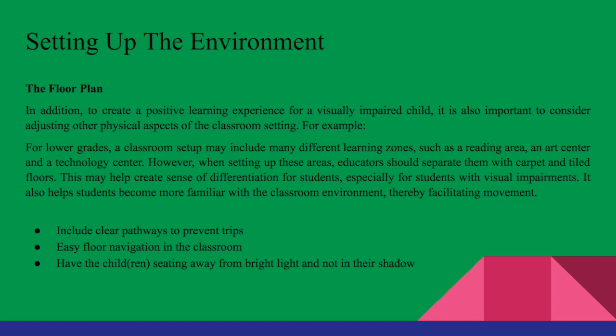However, when setting up these areas, educators should separate them with carpet and tile floors. This may help create a sense of differentiation for students, especially for students with visual impairments. It also helps students become more familiar with the classroom environment, thereby facilitating movement.